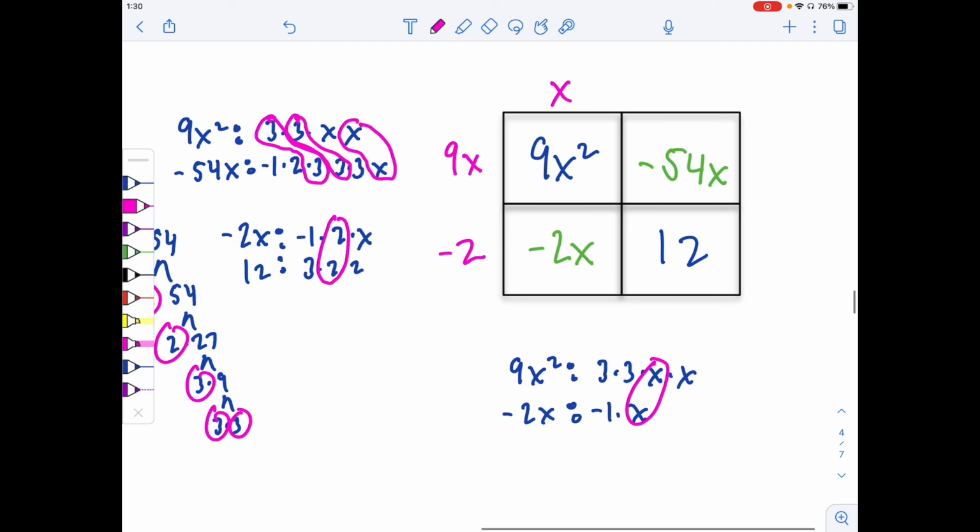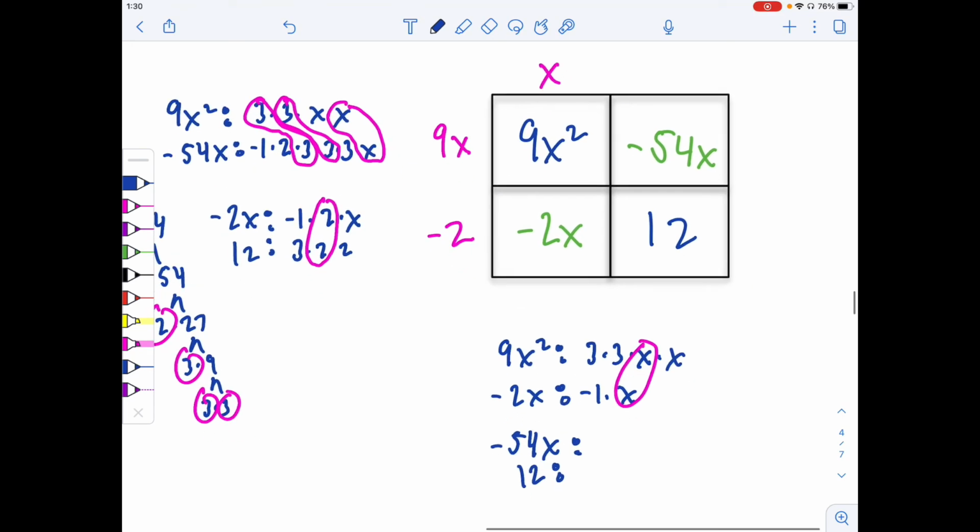Our next column, negative 54x and 12. So we did negative 54x. Let me just write that in. Negative 1, 2, 3, 3, 3, x. 12, we did that also, 3 times 2 times 2. Okay, what's common? 2 and 3. So that's 2 times 3, 6. This is 6.